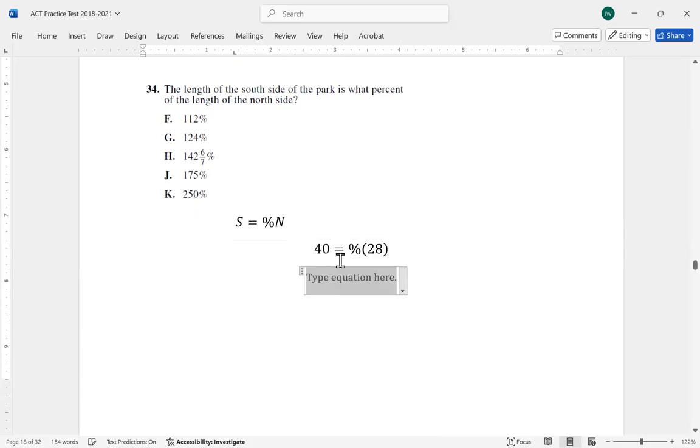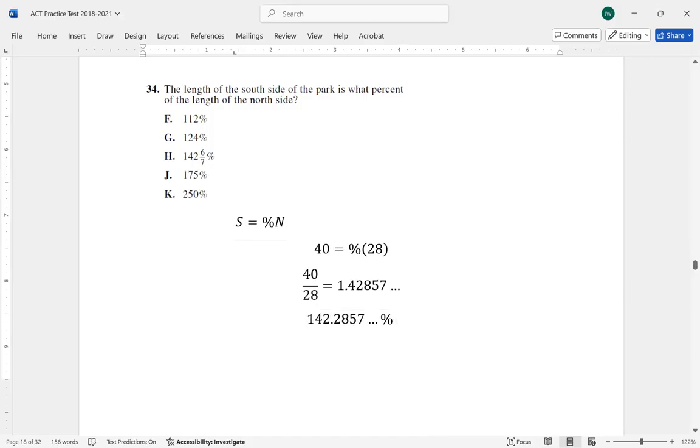Divide both sides by 28. 40 divided by 28 is equal to 1.42857 dot dot dot. That is the numerical value. When I put that as a percentage, that's 142.857 dot dot dot percent.